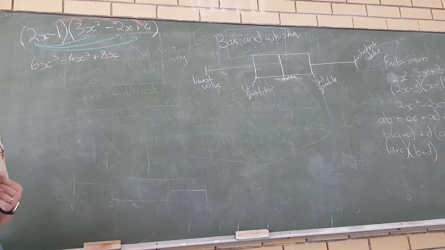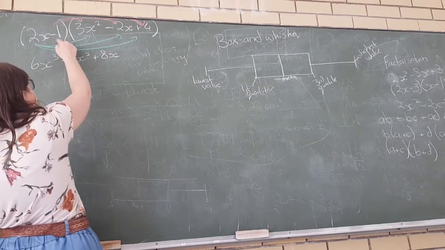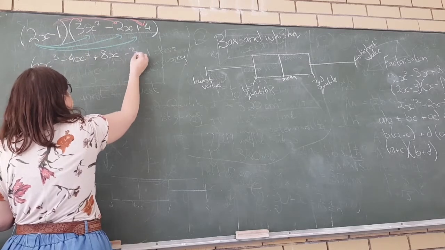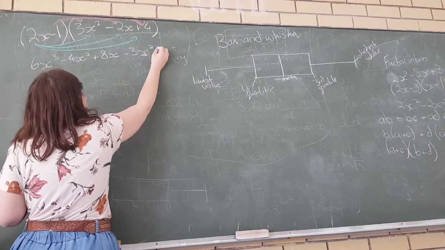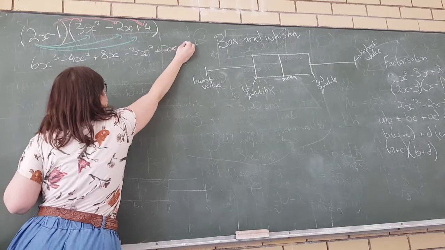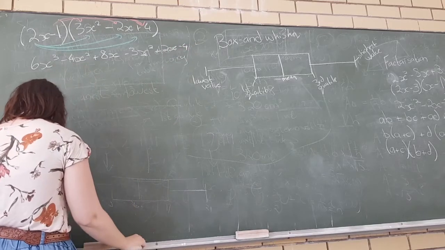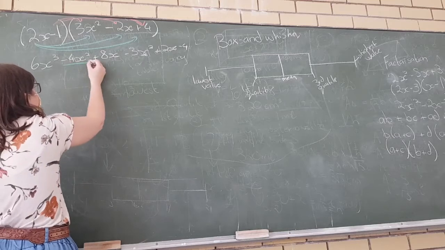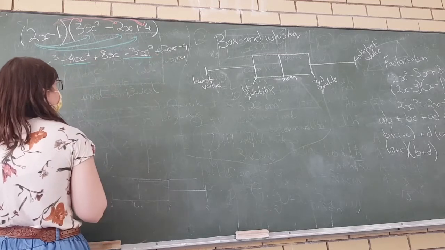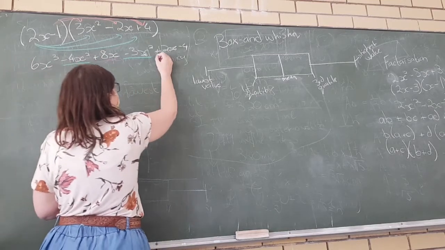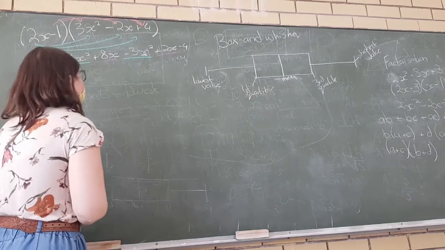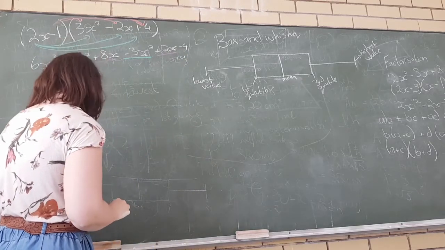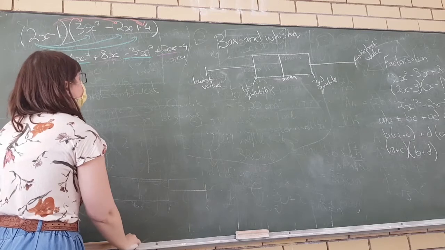Yes. Alright. Then I multiply by minus 1. So minus 3x squared plus 2x minus 4. Like terms. So I've got x squared and I've got x's. Minus 4.